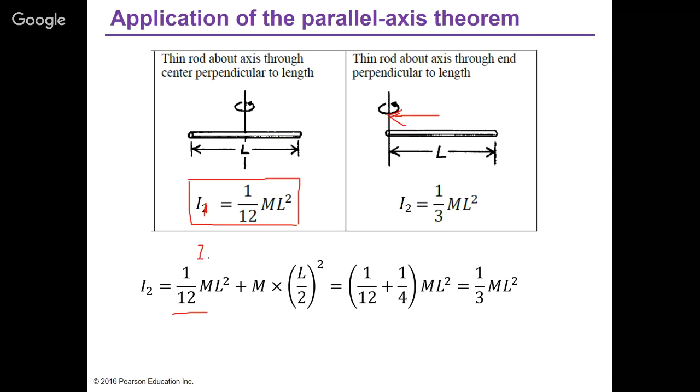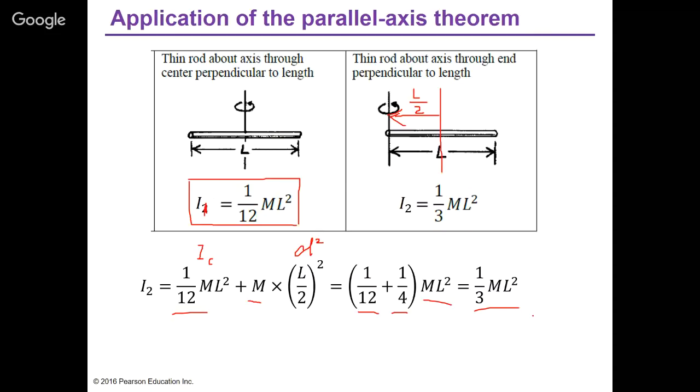That's the I_c, the 1/12 of ml squared, plus m times the distance squared. The distance d is L divided by 2, so d squared is L squared over 4. And then we pull the ml squared out, and that will be 1/12 plus 1/4. That's 1/3 of ml squared.